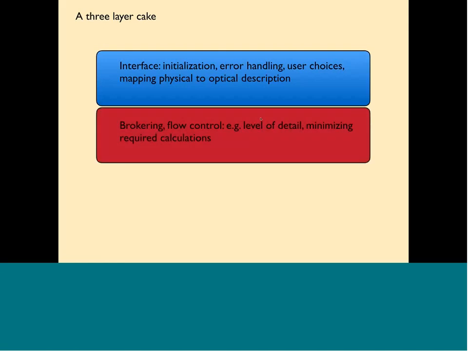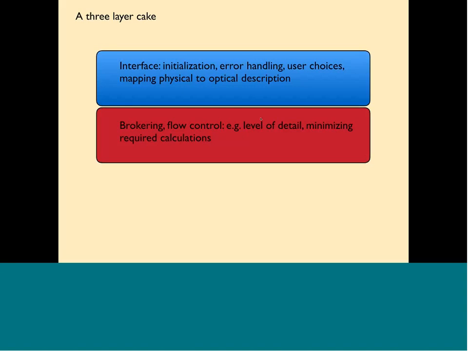We have a relatively thin layer below that we think of as being the broker, but it primarily does flow control. So it chooses different routines, roughly speaking, depending on the level of detail that's desired, both in terms of how much fidelity do you want, how much computational expense do you want to expend on the solution, but also, have you, for example, broken out the aerosols separately, or are you doing a problem with no aerosols?